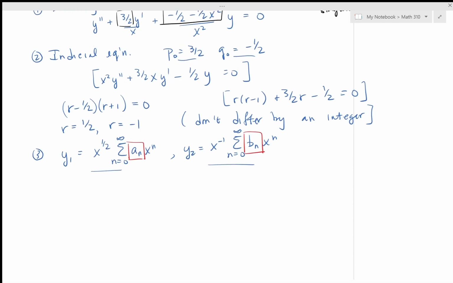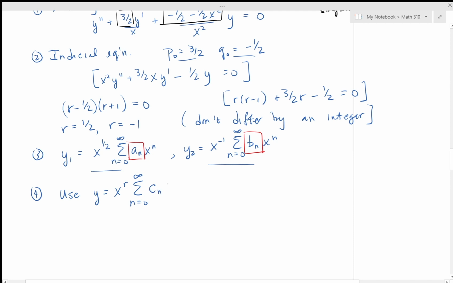Step 4. I'm going to actually use y equals x to the r times the sum of c_n x to the n. Right now I'm going a little bit backwards. I'm going to change this to a c so we don't get confused.